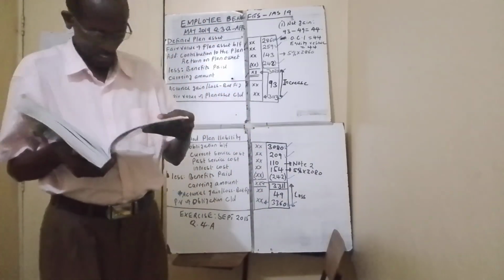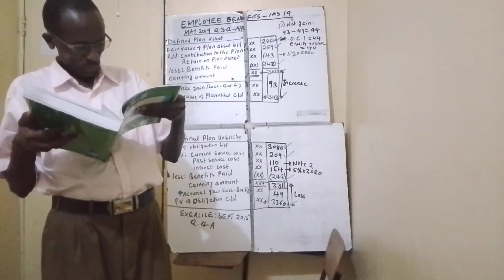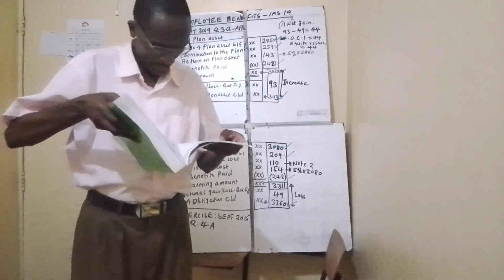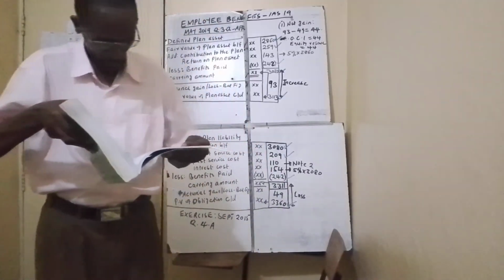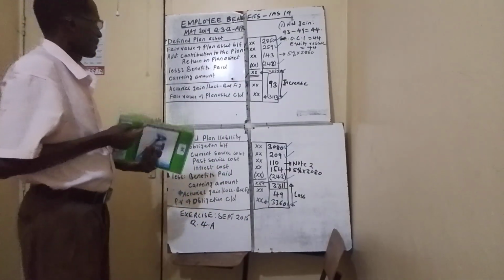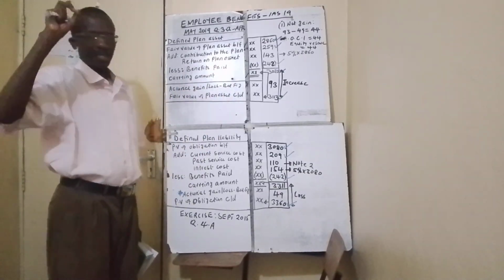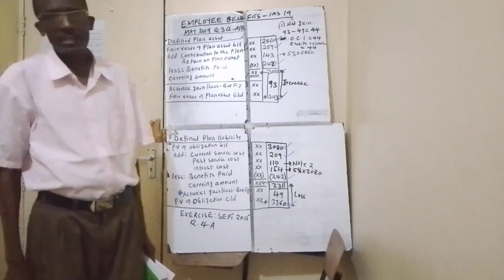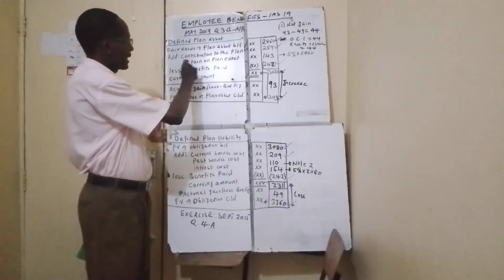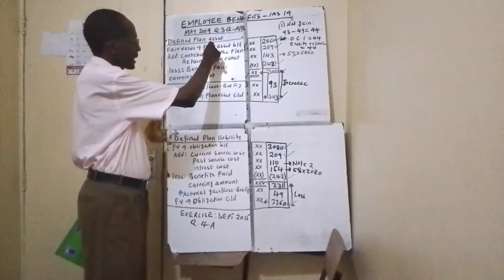Now you are told in the additional information, interest costs, gross yield on blue chip corporate bonds is at 5%. Now I've told you that to calculate return on plan asset, there is a certain rate that will be given. So to get return on plan asset, you take that rate, you multiply by opening balance.